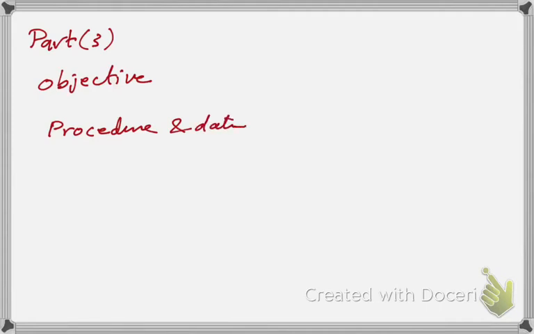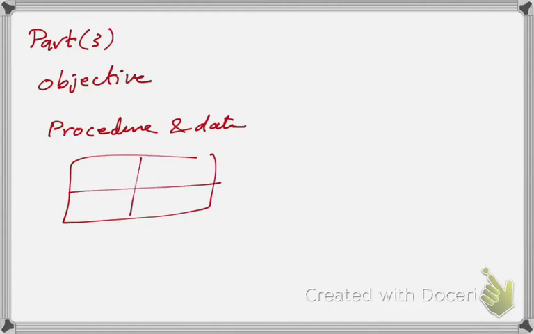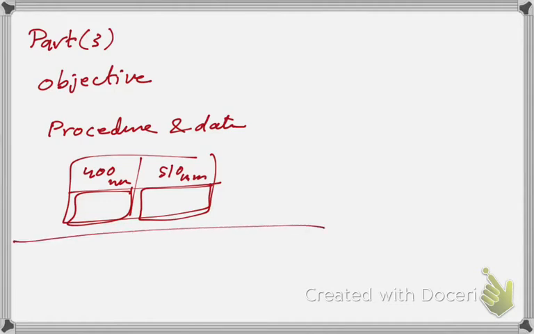And you're going to show me here what was your unknown absorbance at 400 nanometer and 510 nanometer, okay? So you're going to report the unknown absorbance here. Again, absorbance does not have units.